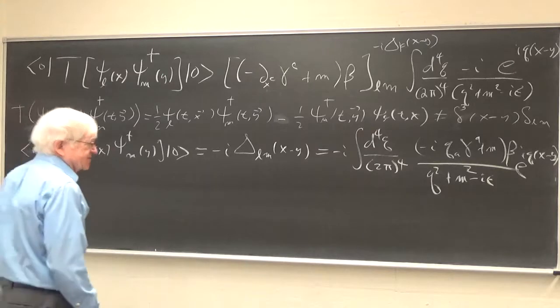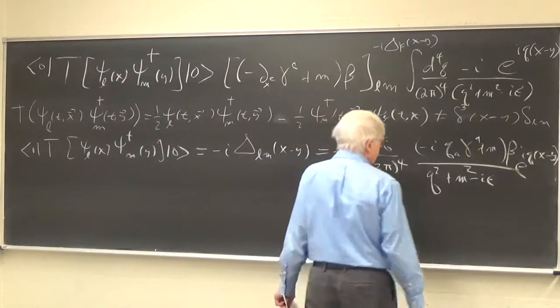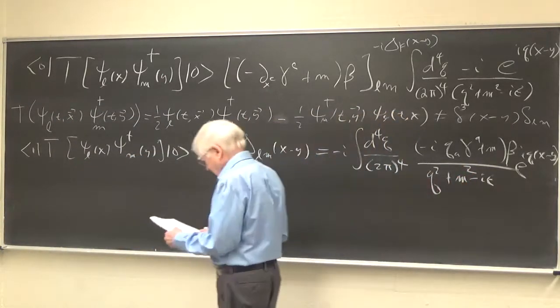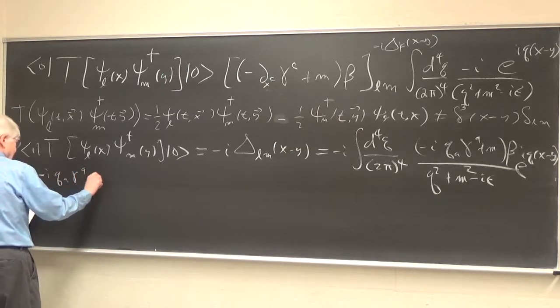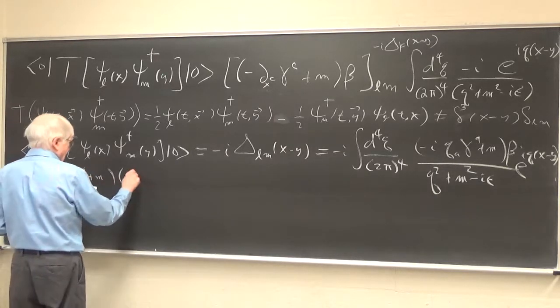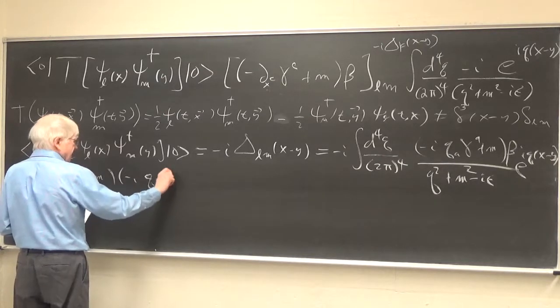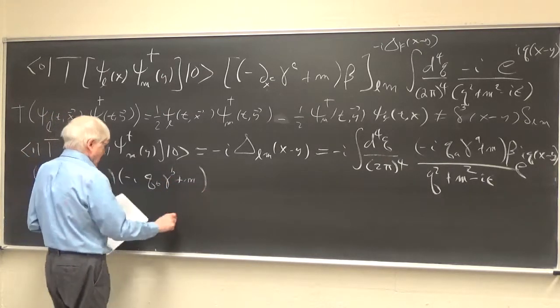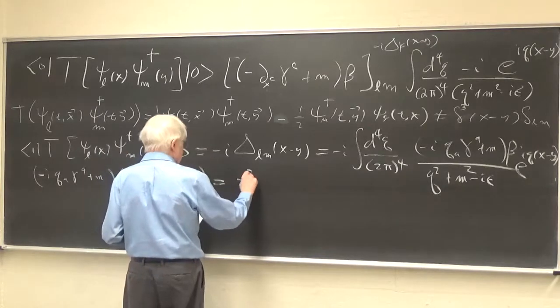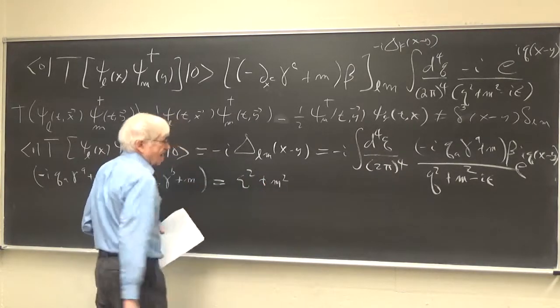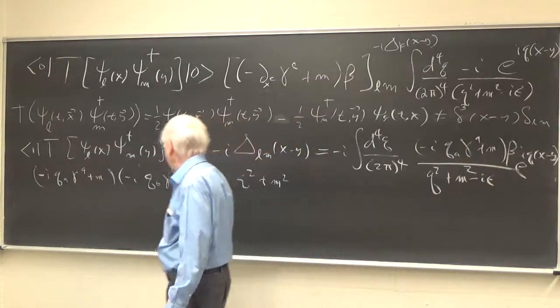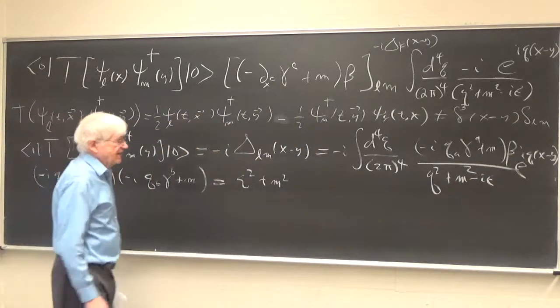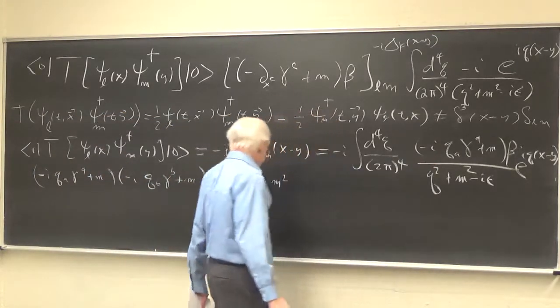Now, what some people do is they say, well, minus i qa gamma a plus m times minus i qb gamma b plus m. Well, this turns out to be q squared plus m squared. So you can imagine that this thing is the product of these two, and then you can cancel the numerator.